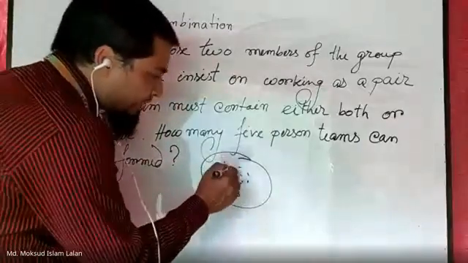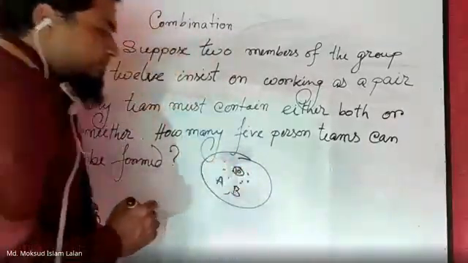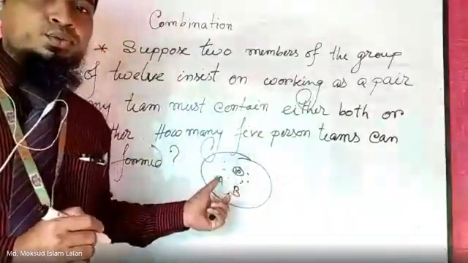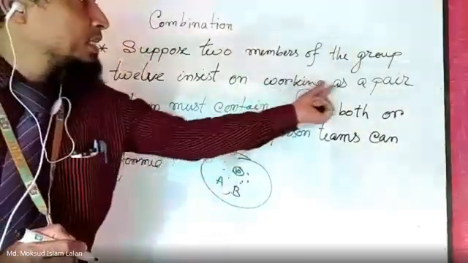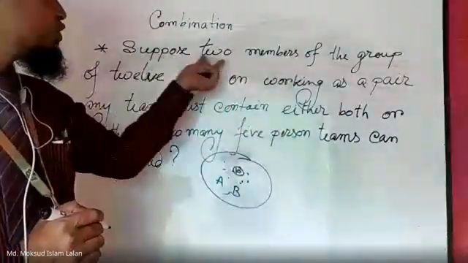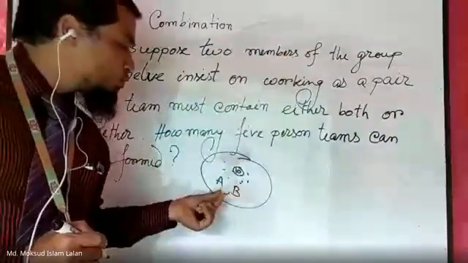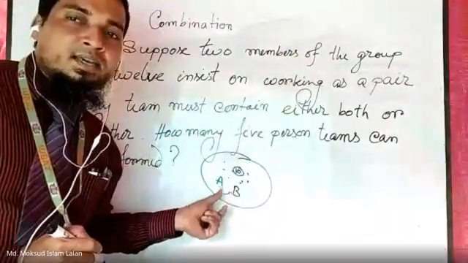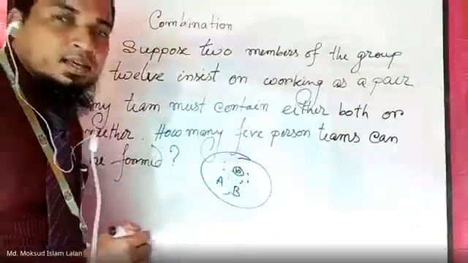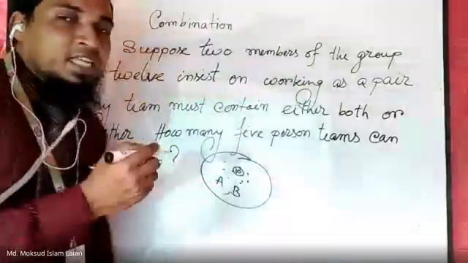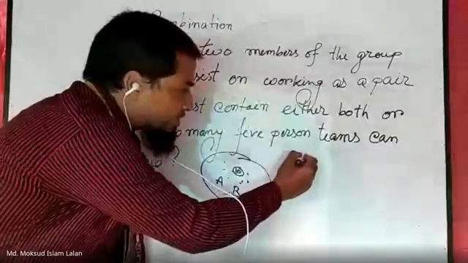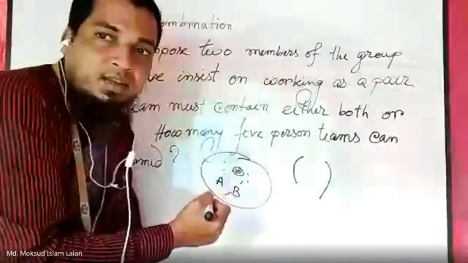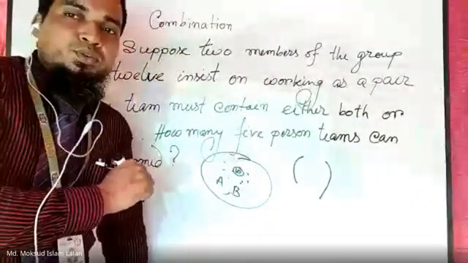Except A and B, there are 10 others. So the 2 members we have named A and B want to work as a pair. If A belongs to a group, to a combination, B must also belong. Do you understand?